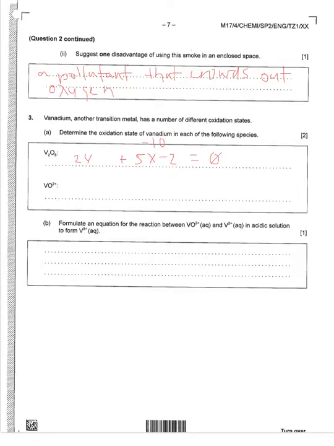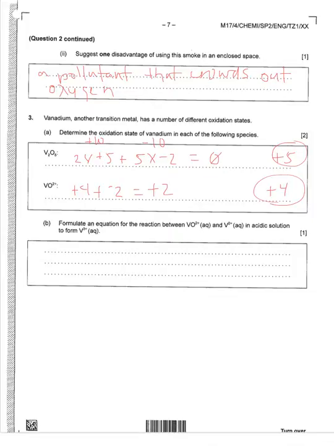So if this is -10 and this has to provide a +10, then I can see that each vanadium must be a +5. On the second one, I have a single vanadium that combined with 1 oxygen at a -2 should give a +2 overall charge. So that leads me to realize it's a +4 in this case.